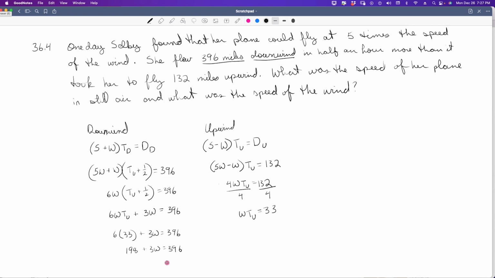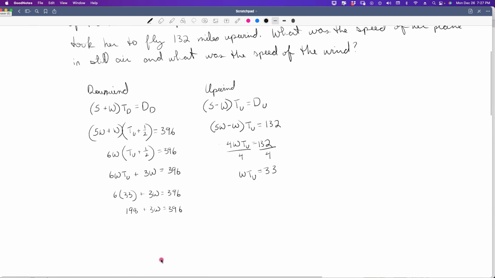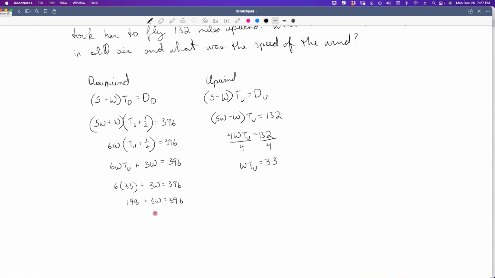If I subtract 198 from both sides, then 3 is going to be equal to 198, because it's half of 396. So the sum is 198. If I divide both sides by 3, W is equal to 66. So the speed of the wind is 66.